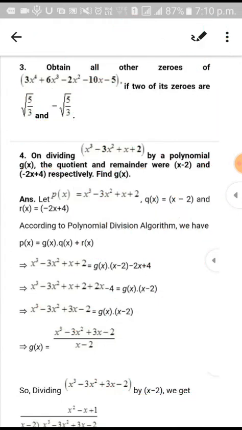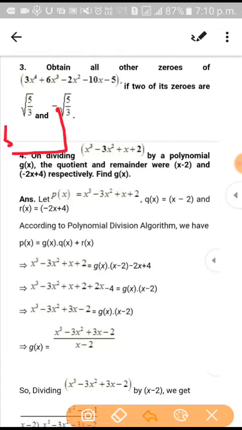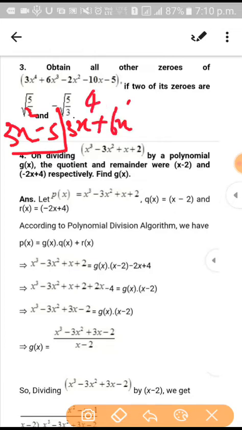Let us do that. So we are going to divide 3x square minus 5 into 3x to the power 4 plus 6x cube minus 2x square minus 10x minus 5.